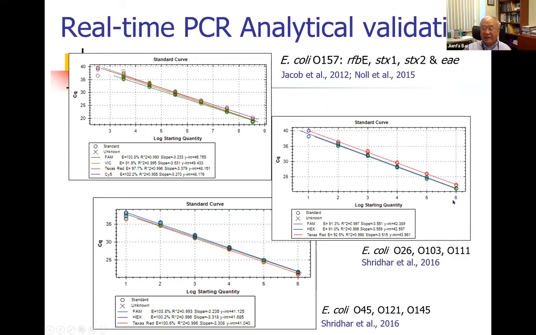You take a high concentration of a strain, do 1 to 10 dilutions, and see if the standard curve is linear or not. R square, the correlation coefficient, if it's greater than 0.9999, it's good. And E is amplification efficiency. If it's between 90 and 110%, then it's good.